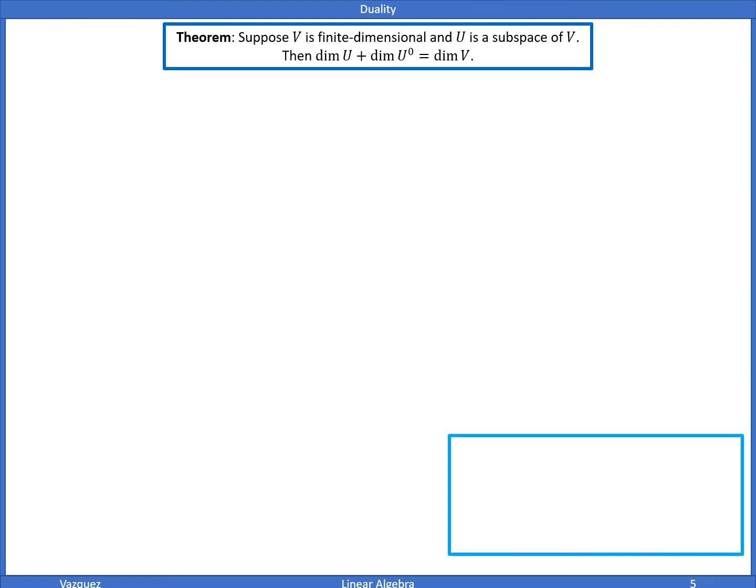Suppose V is finite dimensional and U is a subspace of V. Then the dimension of U plus the dimension of the annihilator of U is equal to the dimension of V. So remember from the last example, we had V be R5, and the dimension of V we know is 5.